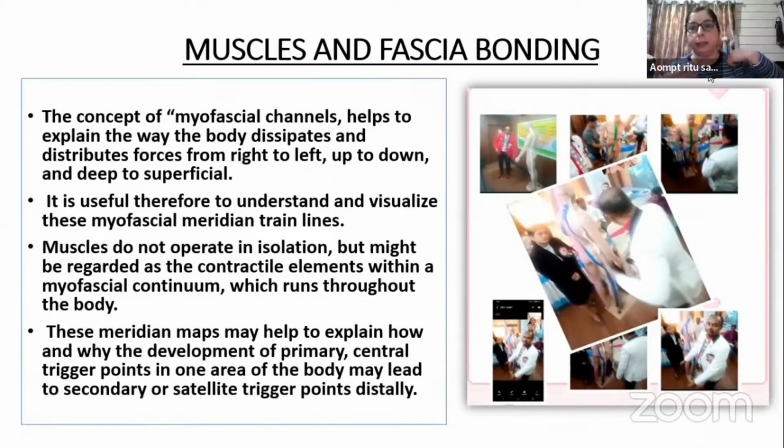There can be the secondary or the latent trigger point. So one central trigger point can affect another region with the secondary, latent or satellite trigger point. So this is the way proximal can affect the distal and distal can affect the proximal also.